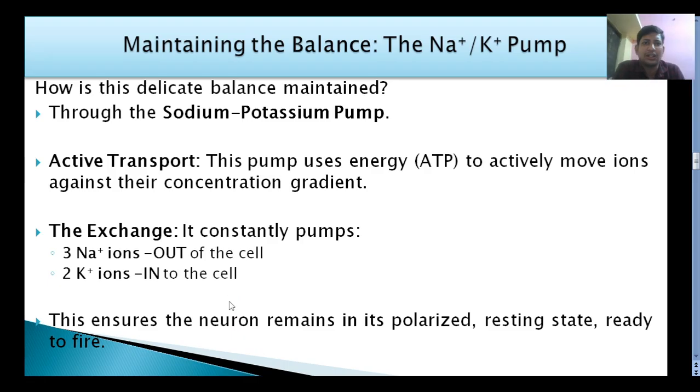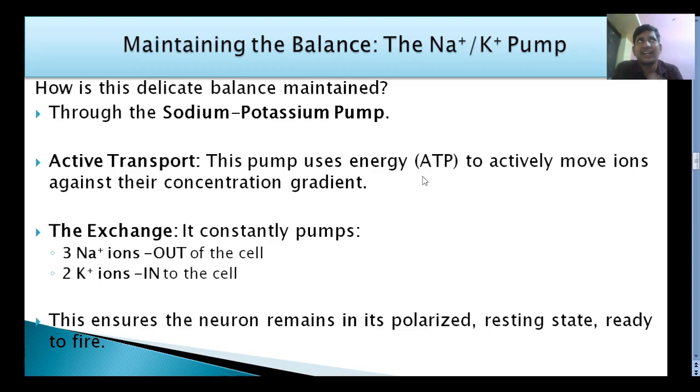Now see how this delicate balance is maintained. It is maintained through the sodium potassium pump, and I told you that it is responsible for active transport. Using energy, it actively moves ions against the concentration gradient. That is a very important point, dear students. The sodium potassium pump works against the concentration gradient.